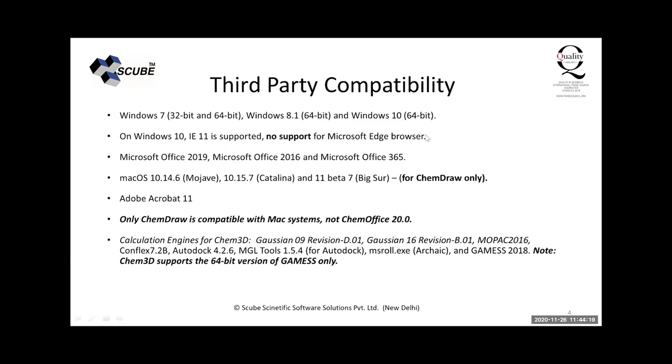So Chem 3D acts as a GUI, right, for this software. If this software is installed on your system, Chem 3D will act as a GUI. Right? All right. So this is for ChemDraw 20 compatibility.